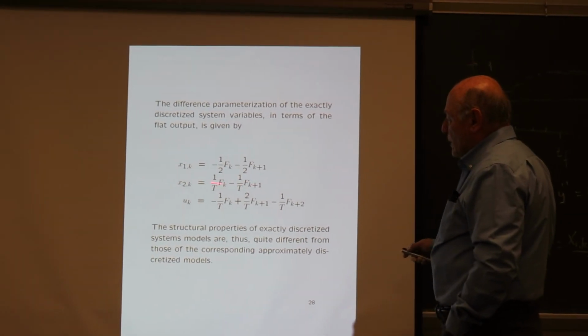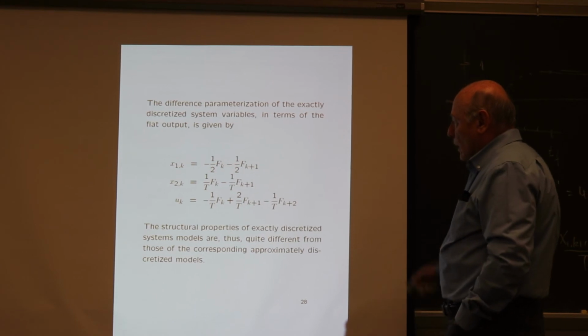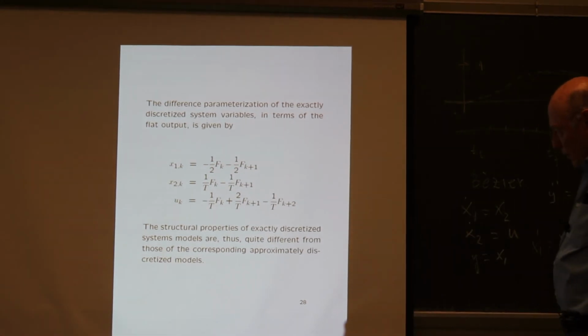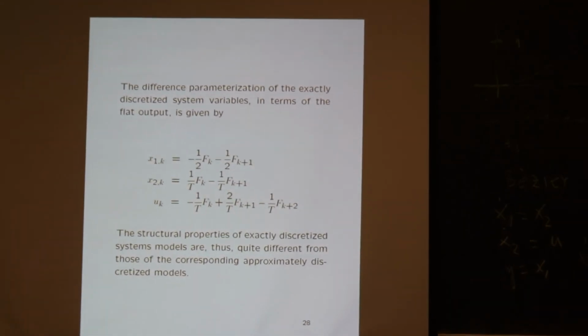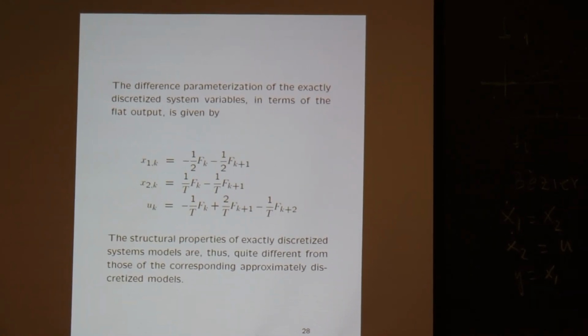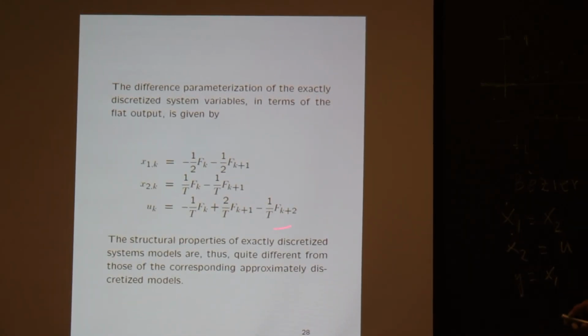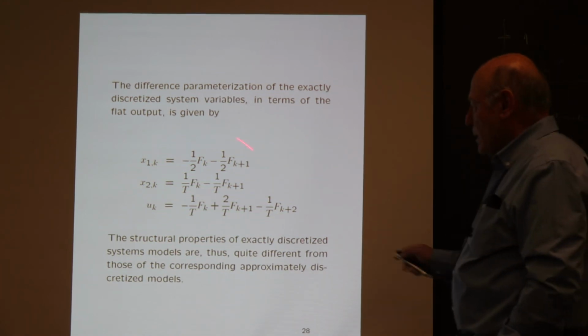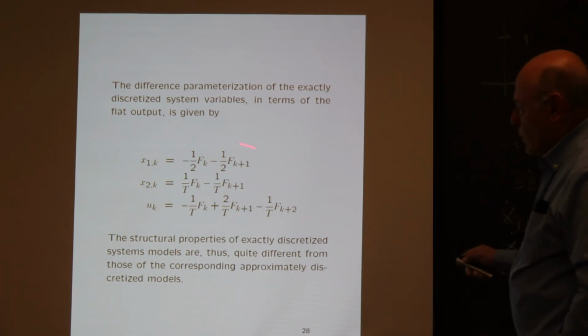X2 represents this difference, and X1 represents this forward difference. So the structural properties of the exactly discretized system are different from those of the corresponding approximate discretized models. So it's a matter of taste.